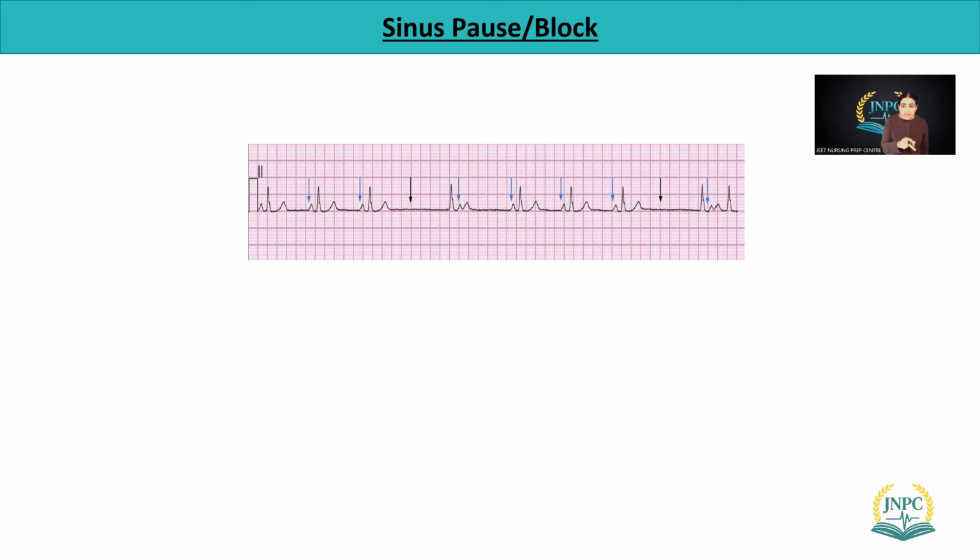If you look at this, can you see everything normal? So we can see PQRST, PQRST, and then we don't have PQRST. The P wave is missing, and the QRS at that point is missing too. It was supposed to be here, it is missing. Again, we see there, we see there, we see there, but here we don't have anything. So that is called sinus block.